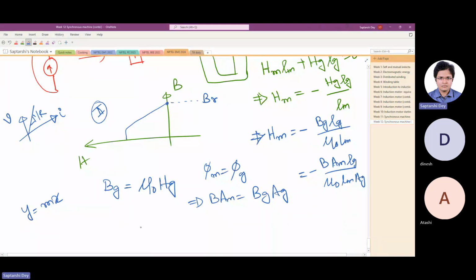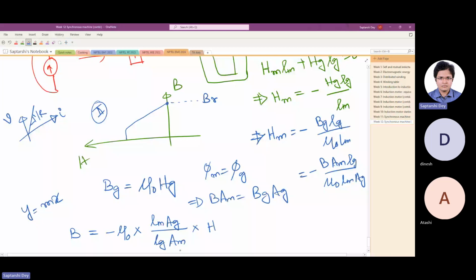So let us write in B and H. So y is B. So B becomes minus mu naught times Lm Ag by Lg Am, the slope, times H. So this is how we get the value of B and H.